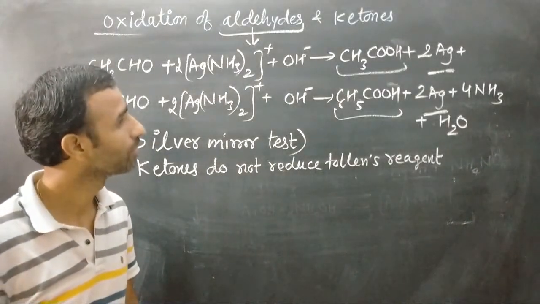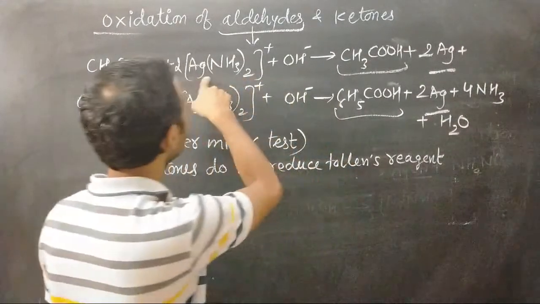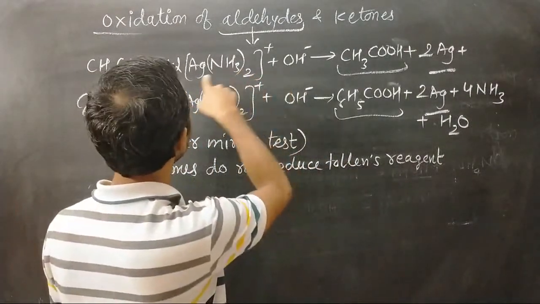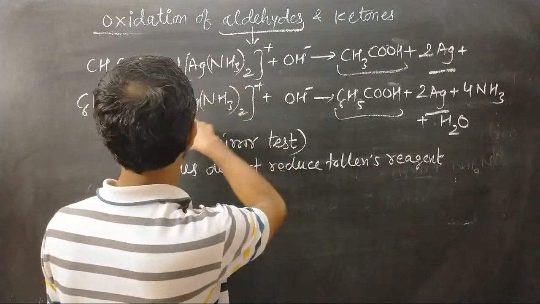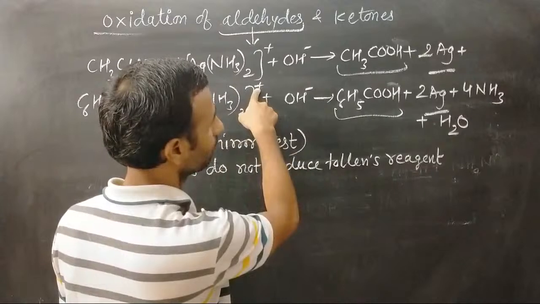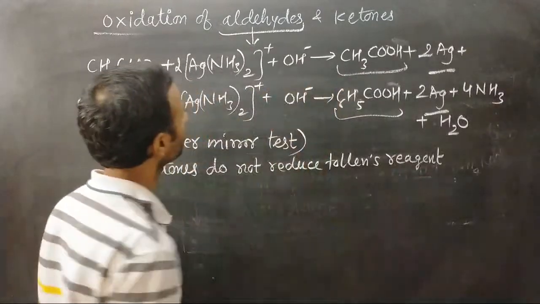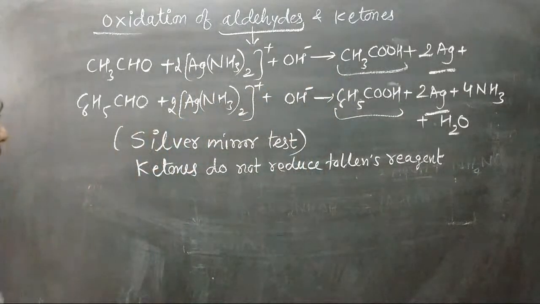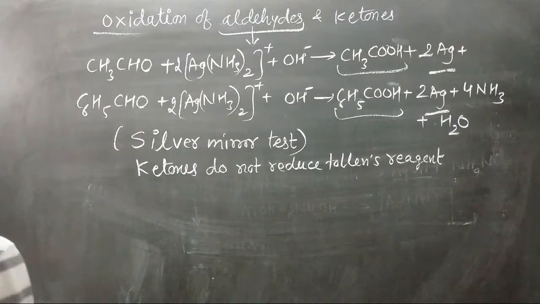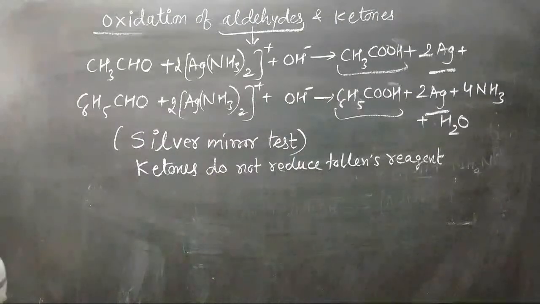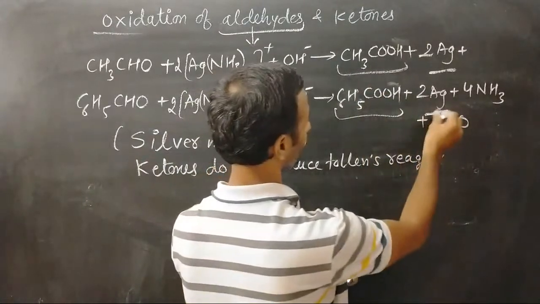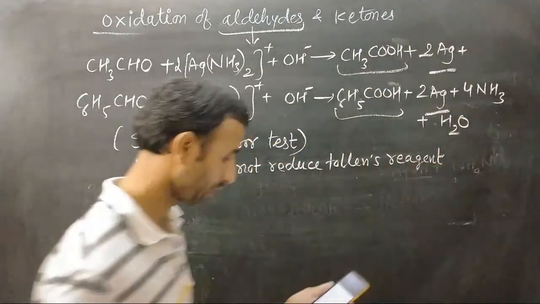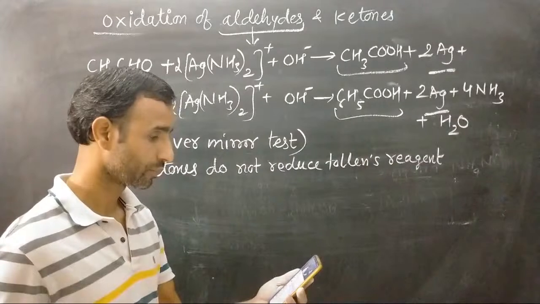Sorry, this is because 2 Ag(NH3)2 positive, so how is it neutral? Is it balanced? Tell me. This is the silver mirror test. Is it okay?